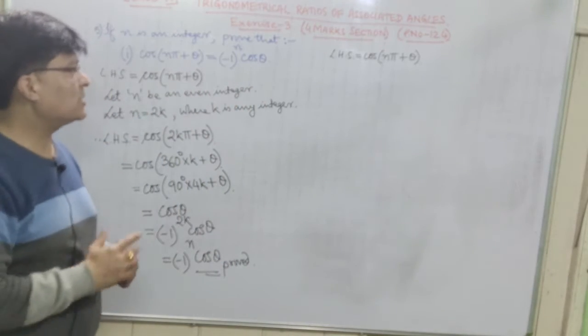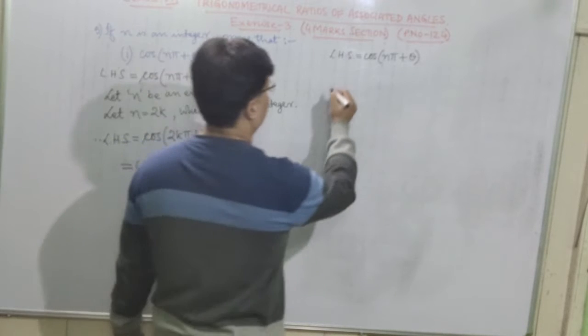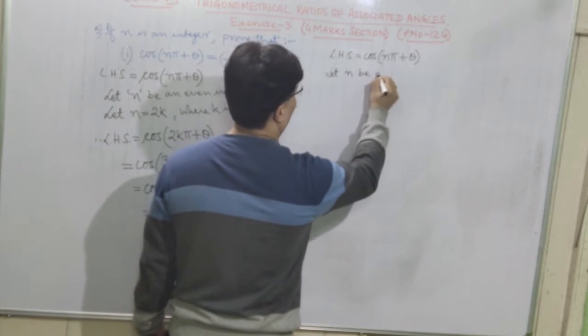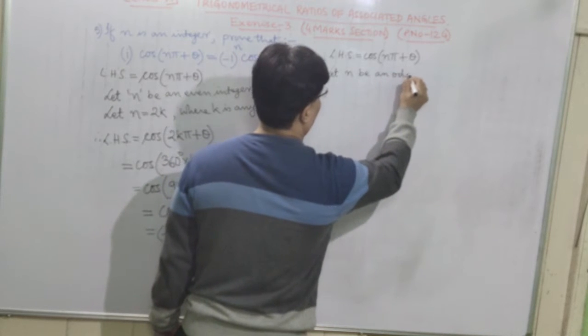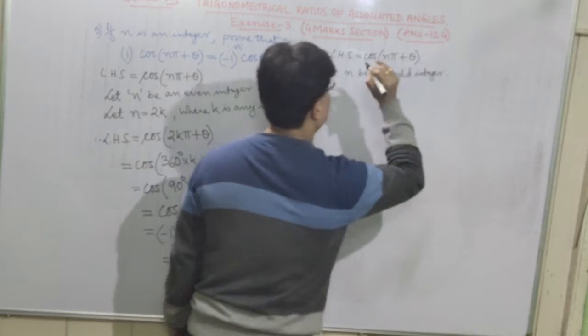Now in this case, let us assume n as an odd integer. Let n be an odd integer.